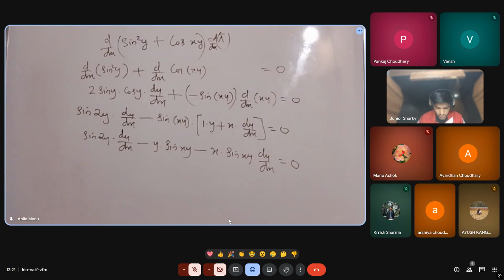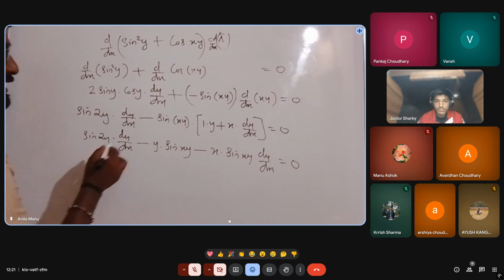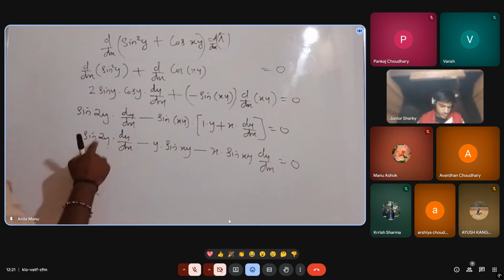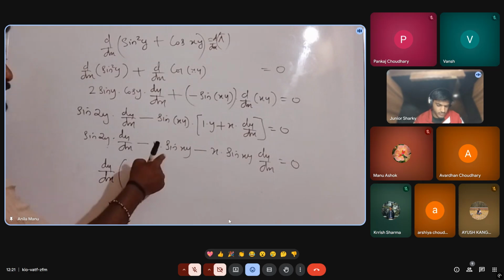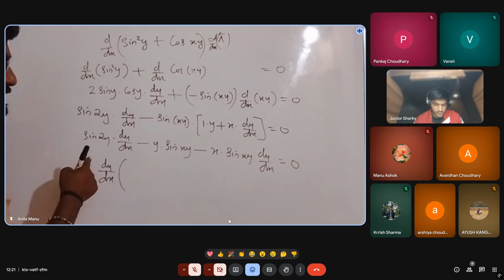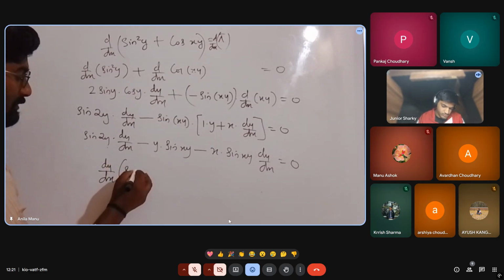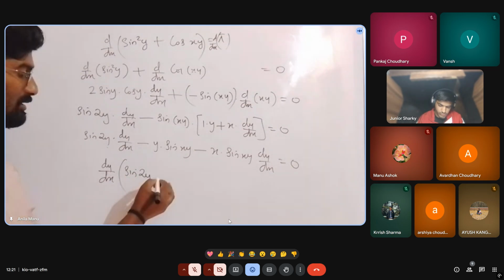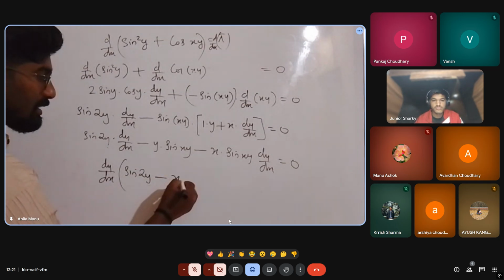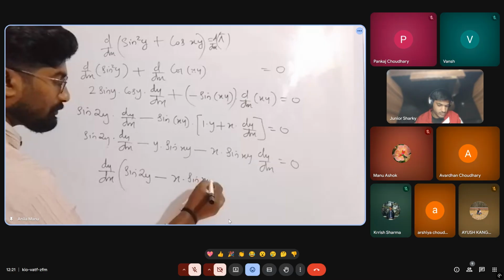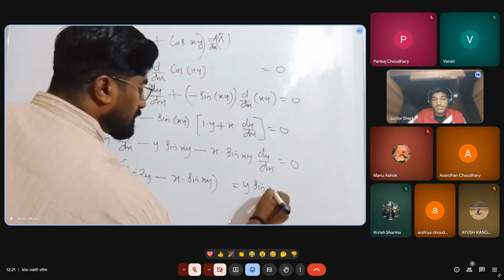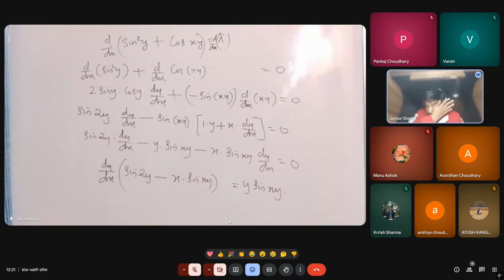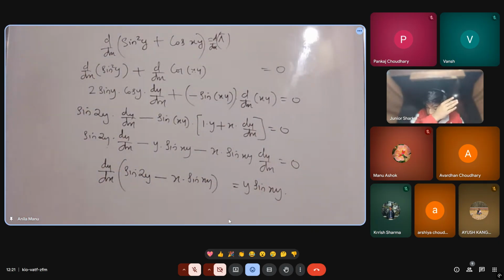Now check, all those terms containing dy by dx are the first and last. From these two terms we can take dy by dx outside, and this you transpose. So dy by dx into, in the first term, sin 2y minus x sin xy, is equal to y sin xy on the right side. Just transpose this term. You will get the final answer.